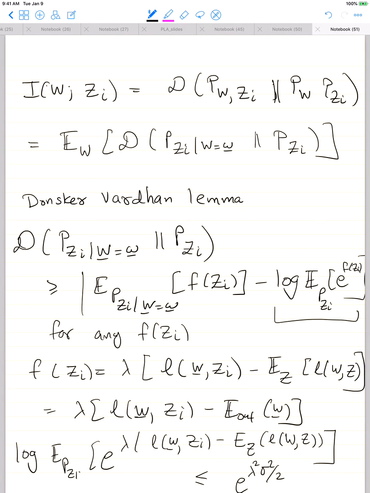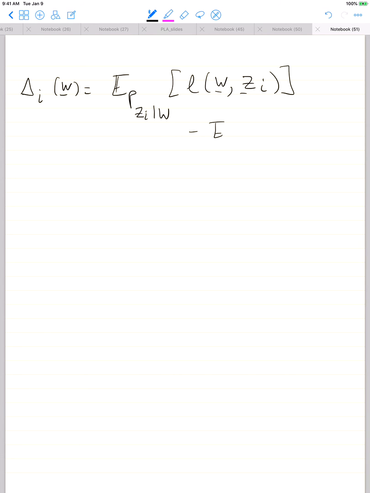For the first term, what can we say? We'll define delta I of W to be the expected value of P of Zi given W, L of W Zi, minus the expected value over Z, this is E out.